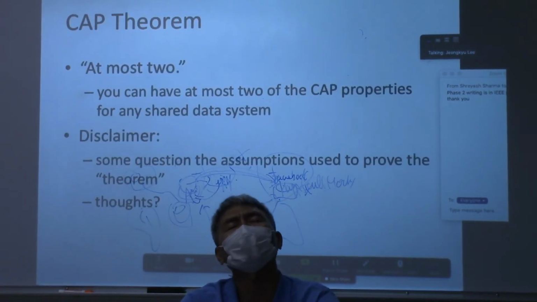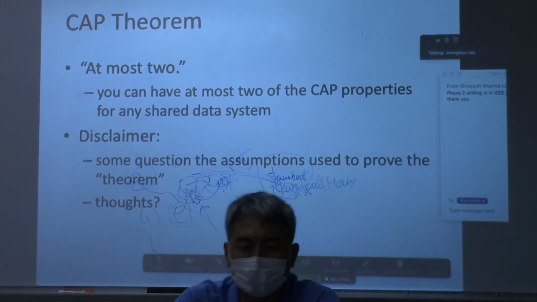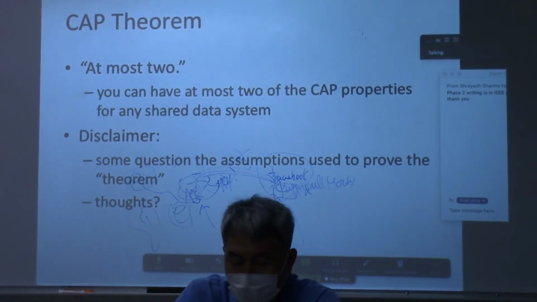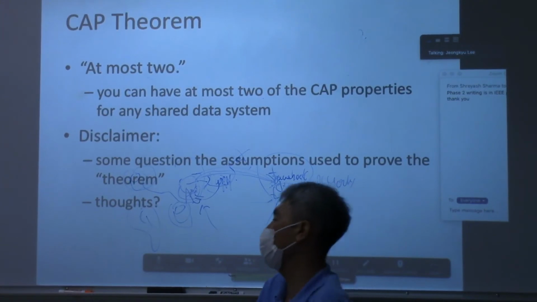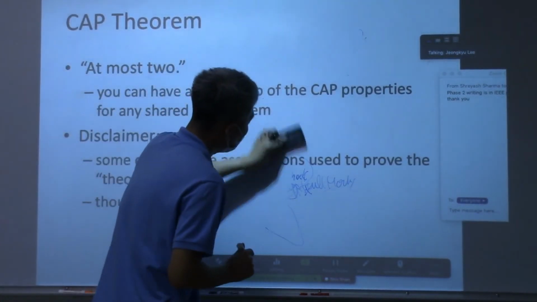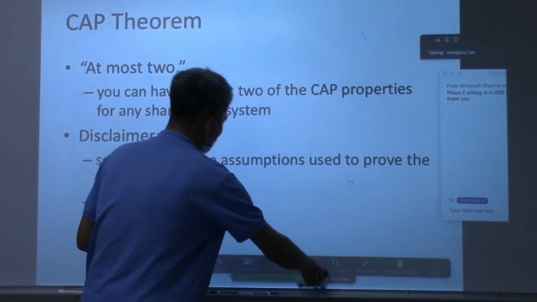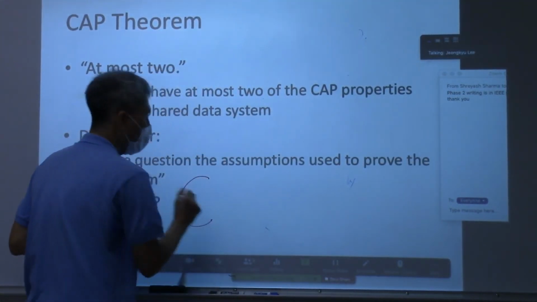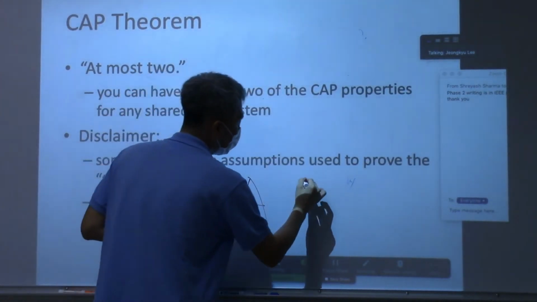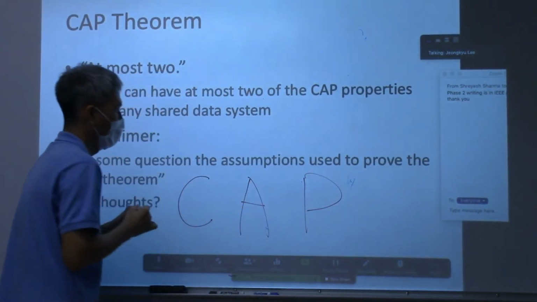So then, what is the CAP theorem? The CAP theorem concerns 3 characteristics of a distributed system: consistency, availability, and partition tolerance.